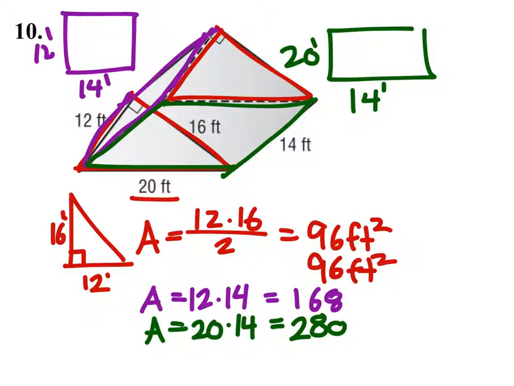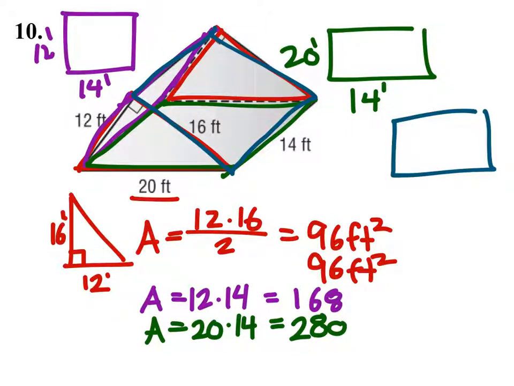Now I do have one surface or face that remains, and that's this one, which again is a rectangle, and this one appears to be 16 feet by 14 feet. Notice the 14 was part of all three of these rectangles, right? That's because that's the height, or depth in this case, of this triangular prism.